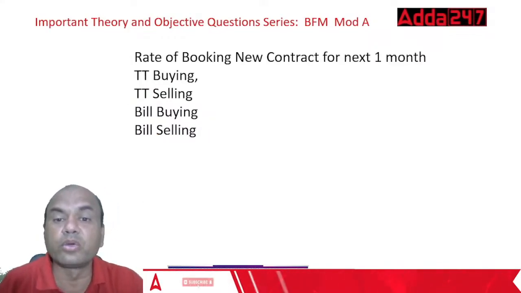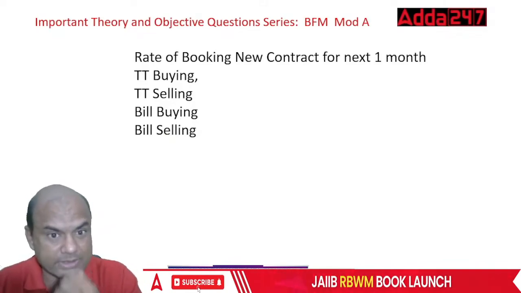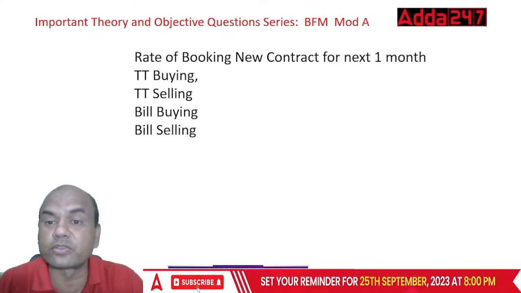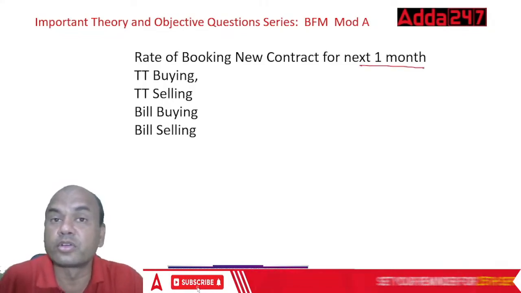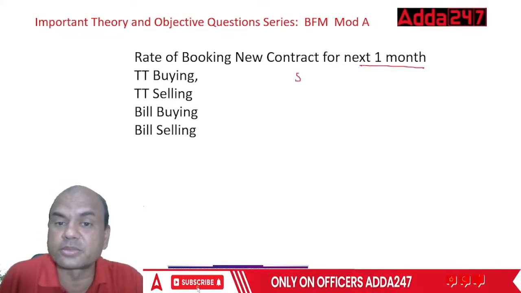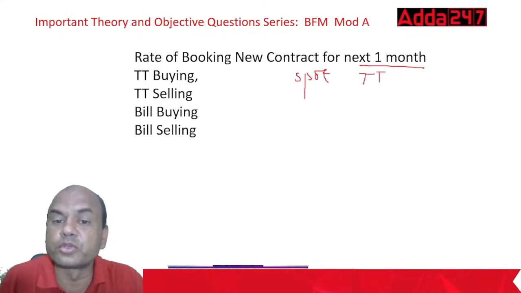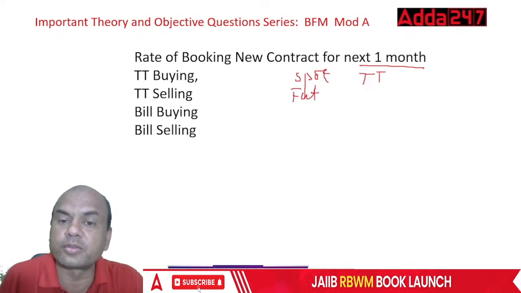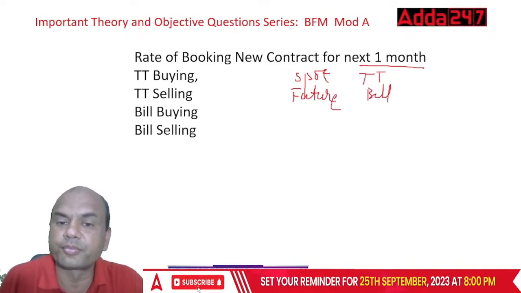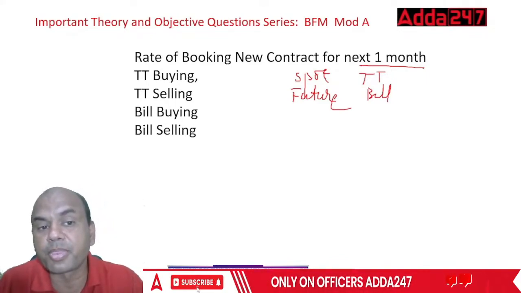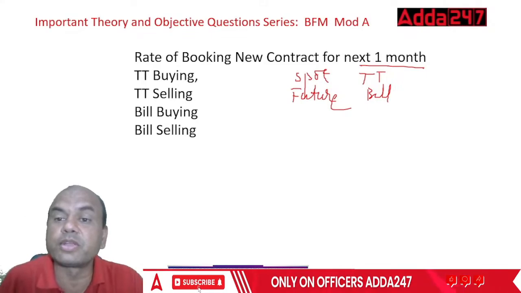Rate of booking a new contract for the next 1 month: TT buying, TT selling, bill buying, bill selling. Here, next 1 month I want. Just now I told you, a spot transaction will always be done at TT, whereas a future transaction will always be done at bill rate. Booking a new contract for 1 month, which contract?